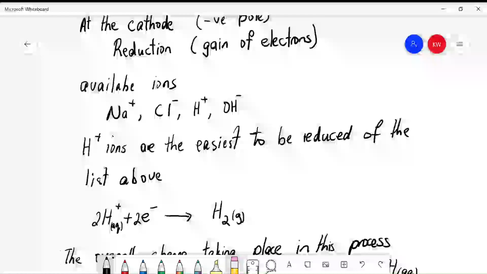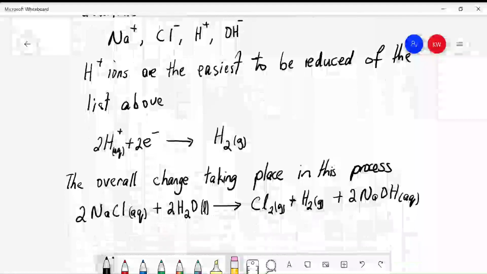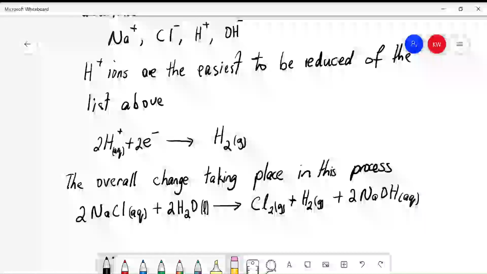It's going to gain electrons. So H+ is going to gain electrons, and we're going to have hydrogen gas being evolved. The overall change is sodium chloride and water. We're going to have chlorine gas being given off, hydrogen gas being given off, and we also have sodium hydroxide formed. Because remember, we have the Na+ and we have OH minus, which were not used before.